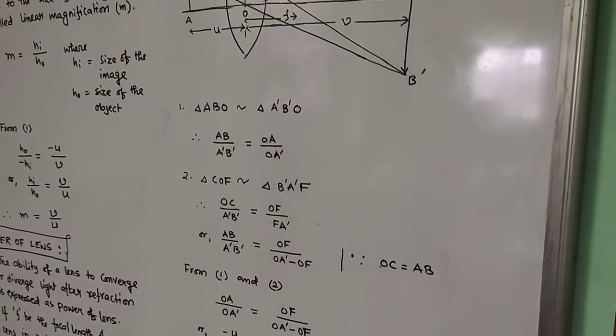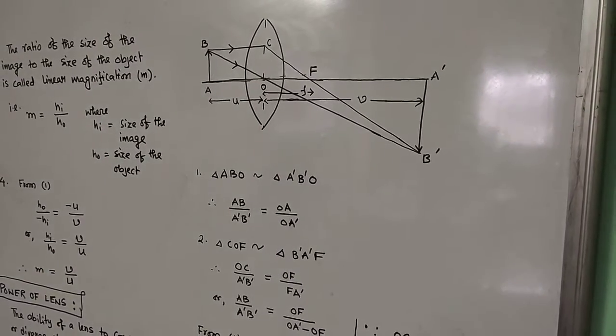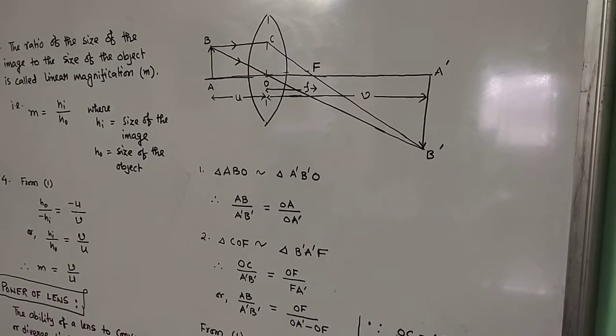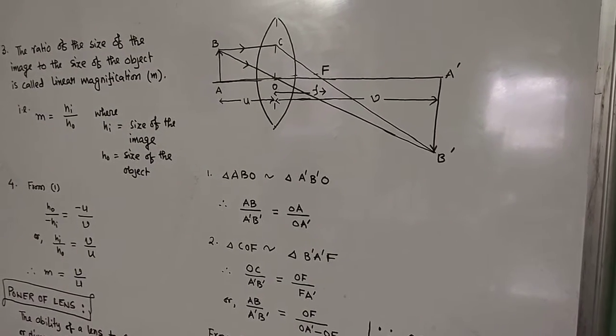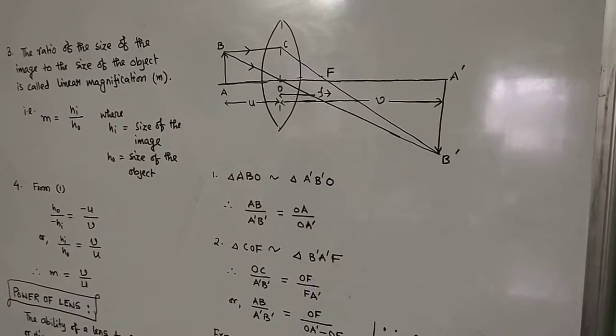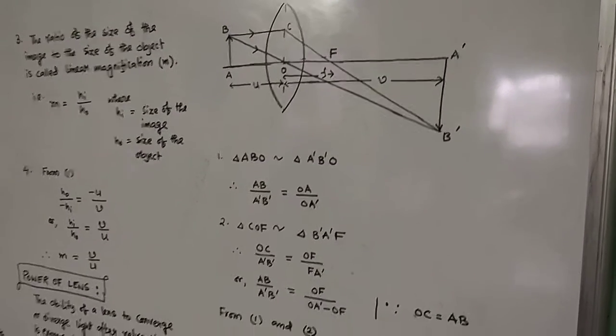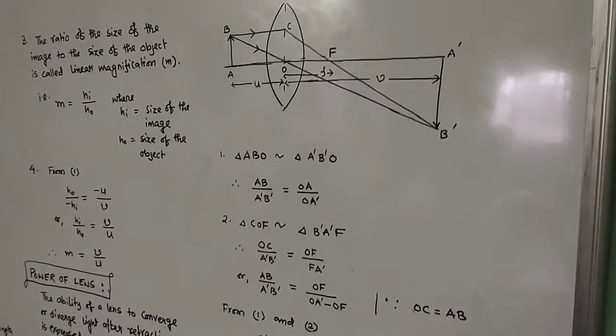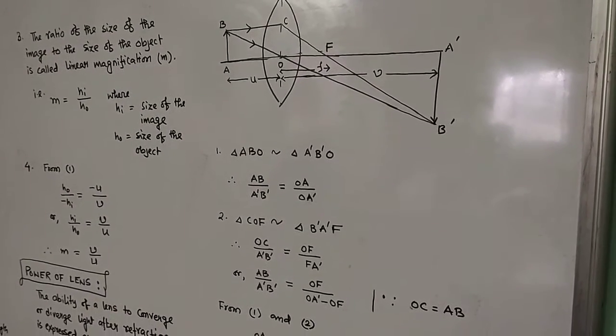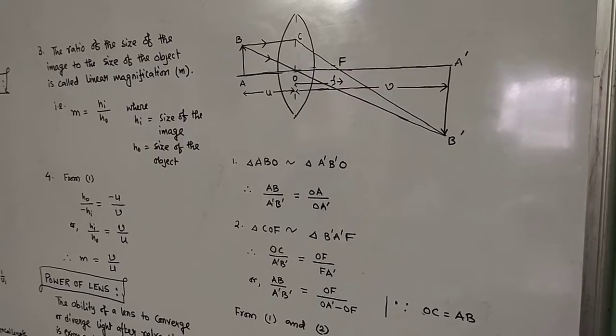Now OA is your object distance, so it is minus u, because the measurement is from the optical center and it is opposite to the direction of the incident ray. OA' is v because it is along the direction of the incident ray.